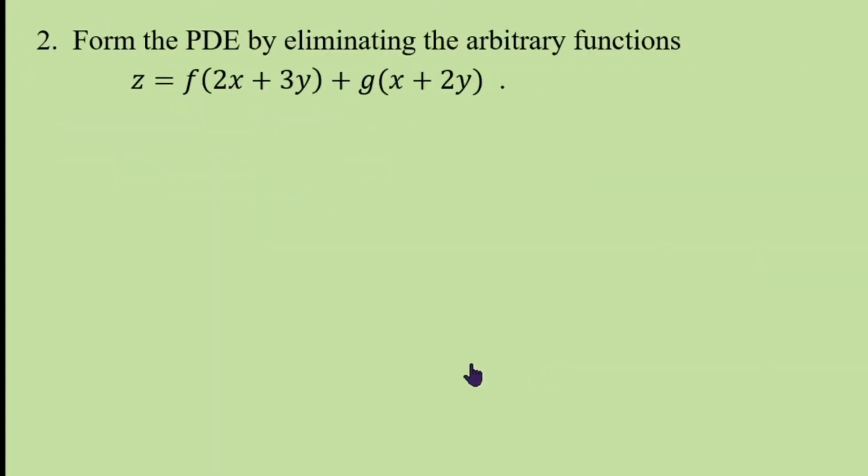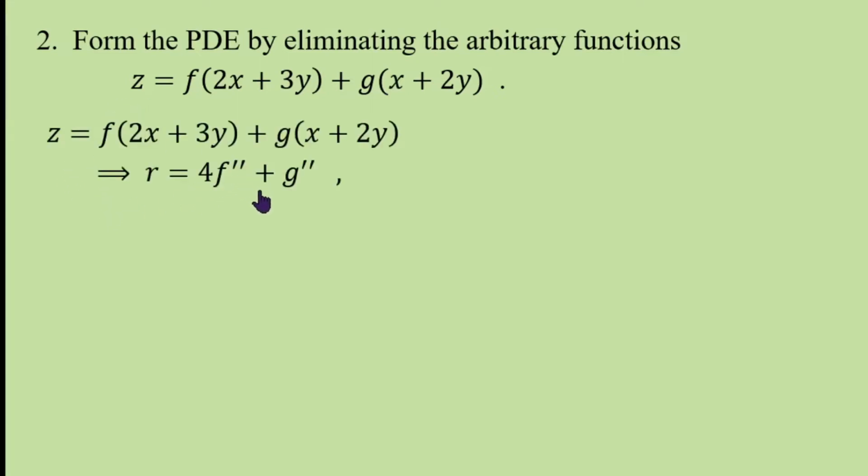One more example. Z is f of 2x plus 3y plus g of x plus 2y. Here f and g are arbitrary functions. When you differentiate partially with respect to x twice, 2 into 2, 4 f double dash, 1 into 1, 1 g double dash, that is R. R becomes 4 f double dash plus 1 g double dash.